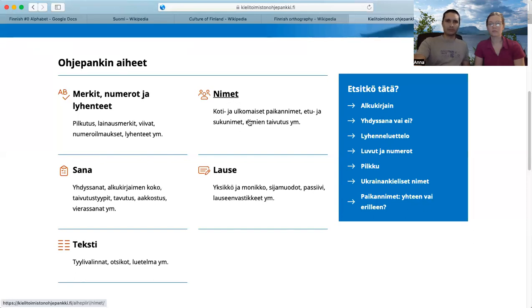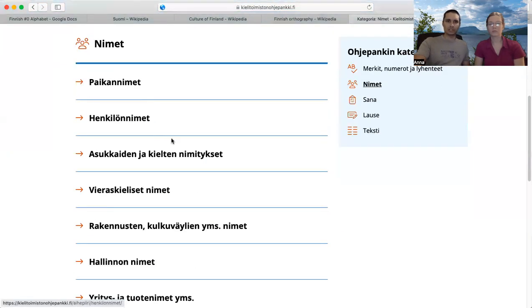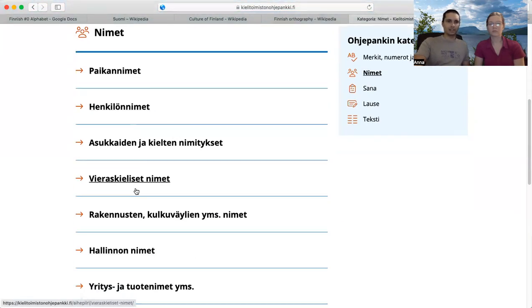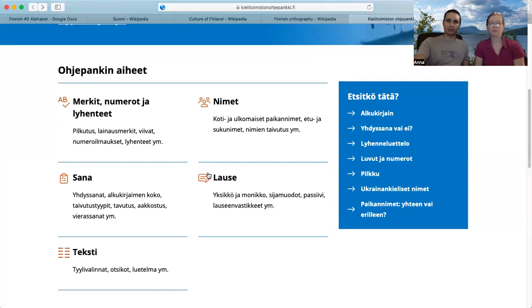You can find here how to conjugate location names, people's names, nationalities, and also surnames. Here you can see how to abbreviate things and the different symbols.